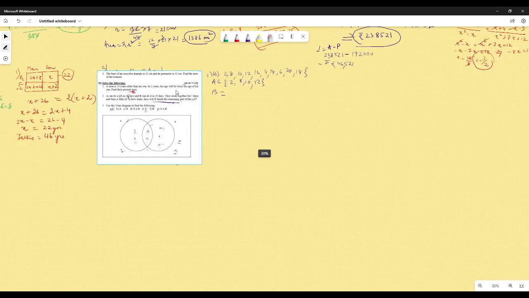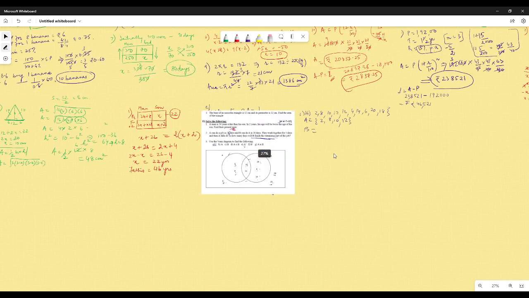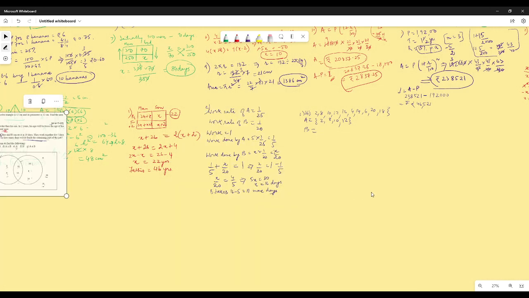So let me quickly move on to the last part and search where it is. Where is our last question paper? Last questions. Oh, I'm not able to move it. Sorry, I don't know what is happening. Something seems to be stuck over here. Let me see if I'm able to write something. No, it seems to be stuck.